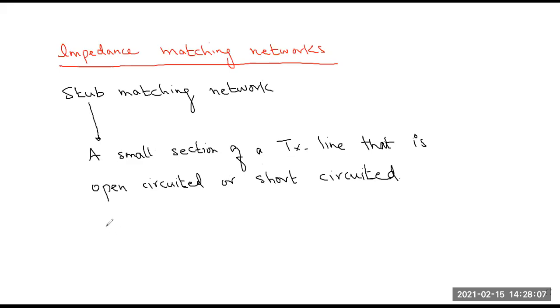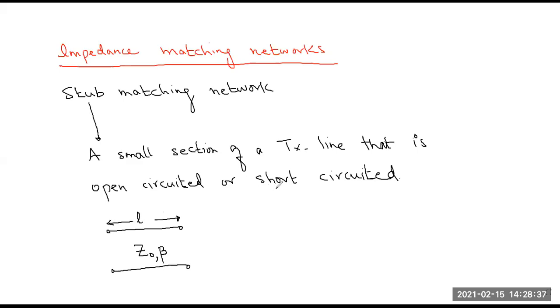We covered two important cases of a transmission line with characteristic impedance Z0, assuming it is lossless, with propagation constant beta and length, let's say, small l.